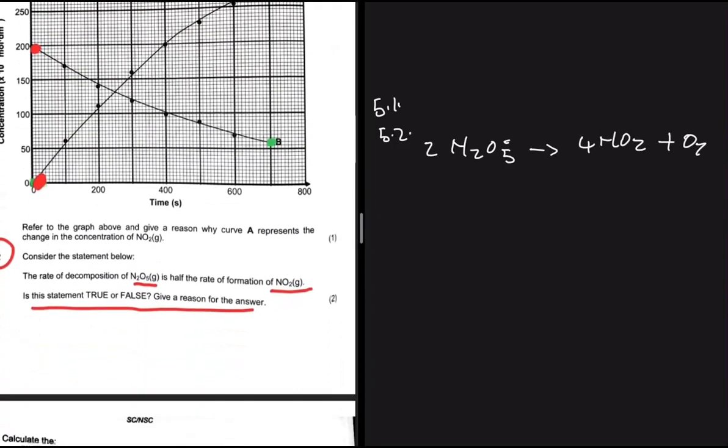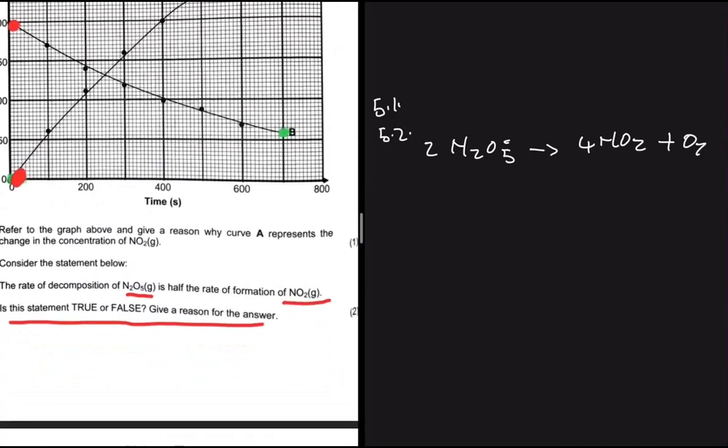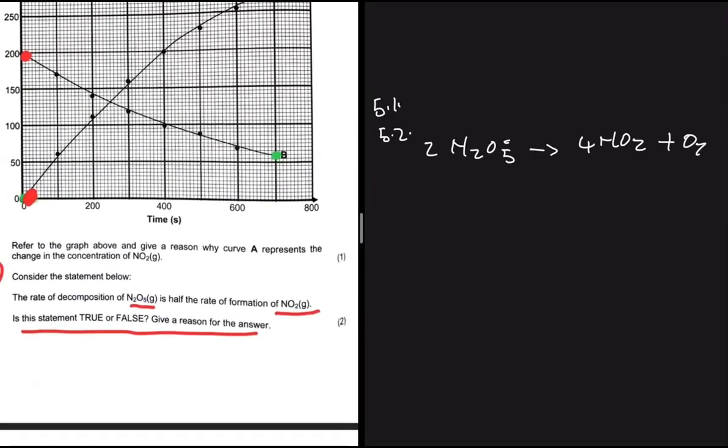And then the question is saying the rate of decomposition of N2O5 is half the rate of formation of NO2. Right, so let's go ahead and figure out whether that is true or not. We can say that the rate of N2O5 divided by the rate of NO2 is equal to the ratio of their balancing coefficients, right?